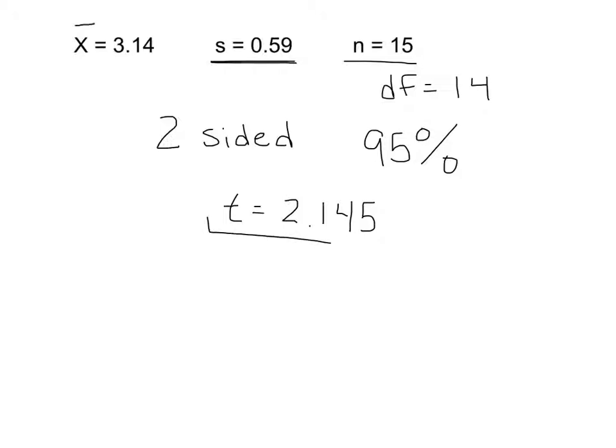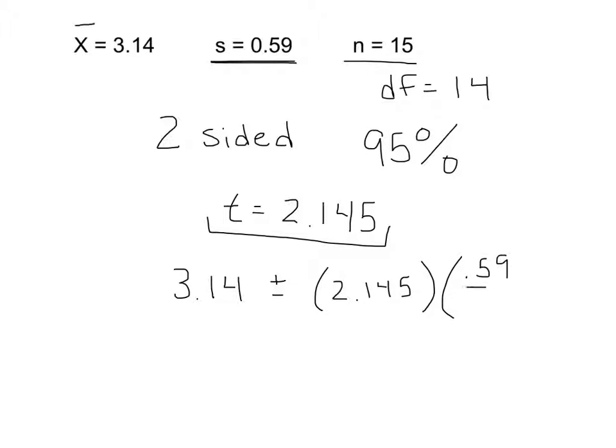Once I have this number, finding the confidence interval is the exact same idea as before. I'm going to take my mean, $3.14, and add and subtract my t-score, 2.145, times my standard deviation over the square root of not your degrees of freedom, but your n value.